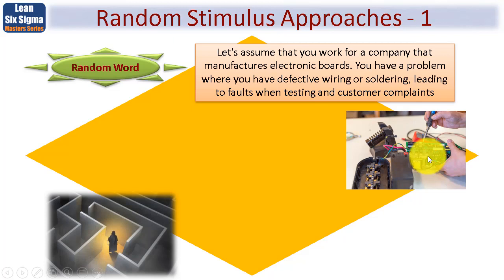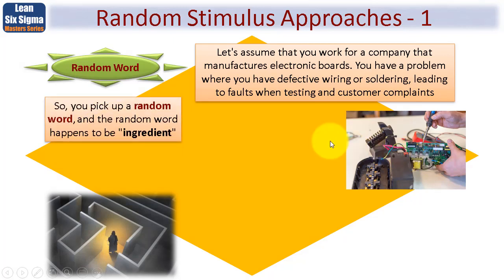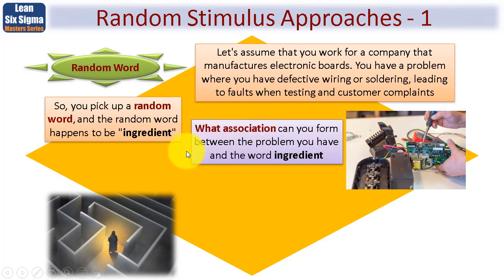So, in this case, you pick up a random word. And in this example, let's imagine it happens to be ingredient. Now, what association can you form between the problem you have, which is defective wiring and soldering? We use the word dry joints for that, meaning it wasn't a perfect electrical connection. And you have the word ingredient. Well, would you think of recipe and food?